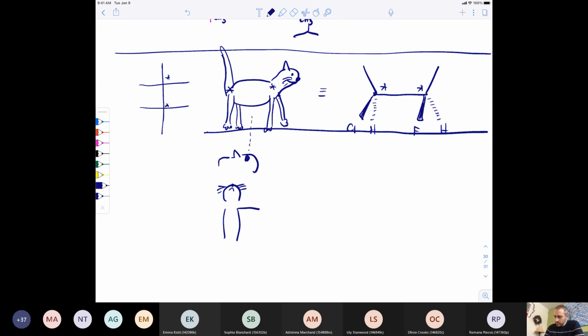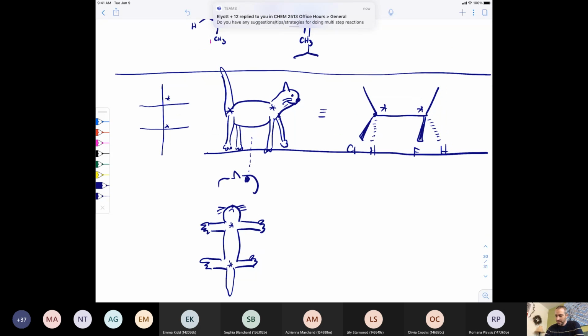You would see one leg pointing to the right. This is a bit exaggerated, but imagine you flatten the cat a bit. Going back and away from you, you would see the tail. You'd roughly see the cat looking like this. Chiral center, right? That's what I'm drawing up here.